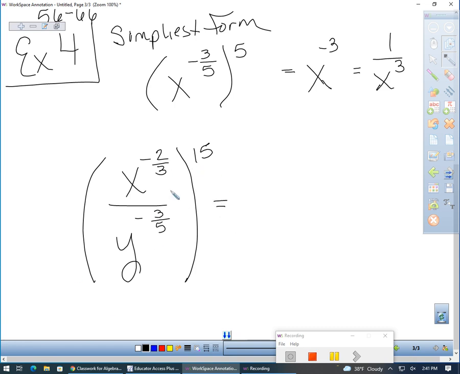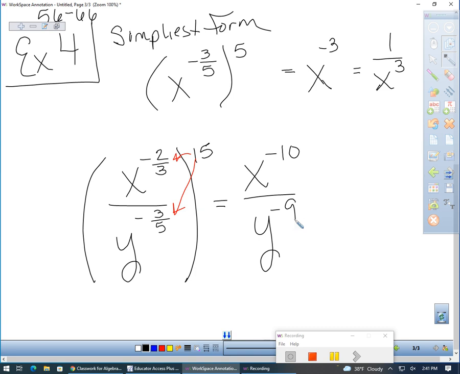So remember, when you have an exponent outside that parenthesis, you got to give it to everything inside the parentheses. So it's got to go to this one, and it's got to go to that one. And an exponent raised to an exponent, we multiply, right? All right, so that's our first step. On the top, we have x, negative 2/3 times 15. Negative 10, good. Over, on the bottom, we have y, negative 3/5 times 15. Good.